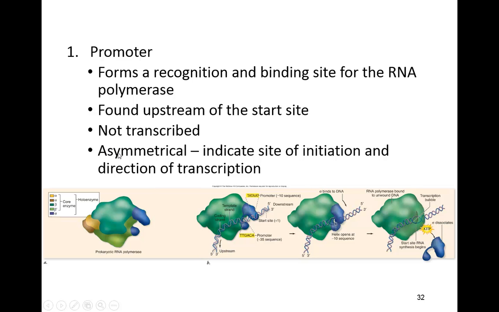And it's asymmetrical, meaning it is not even, and that way the RNA polymerase knows which end to bind to. So you have an RNA polymerase here, and upstream of that you have the promoter, the start site, and the promoter is where the RNA polymerase starts binding.